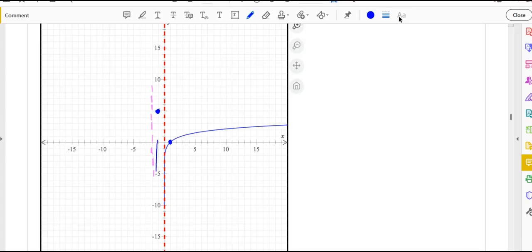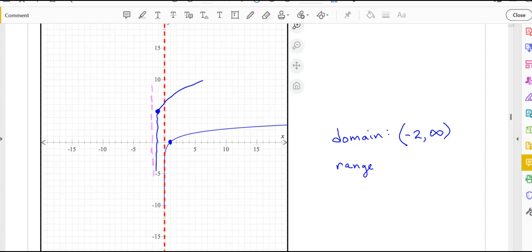Okay, your domain and range. Your domain, what x's is this logarithmic function going to have? Because that vertical asymptote is at x equals -2, the domain will be from -2 to infinity. The range keeps going this way and it keeps going that way.